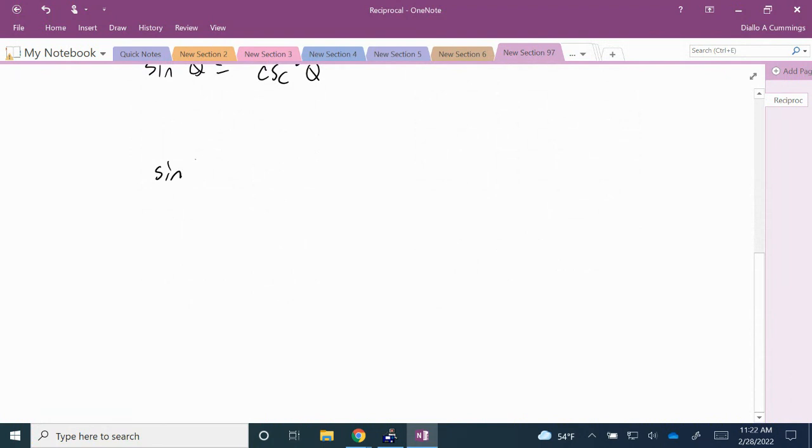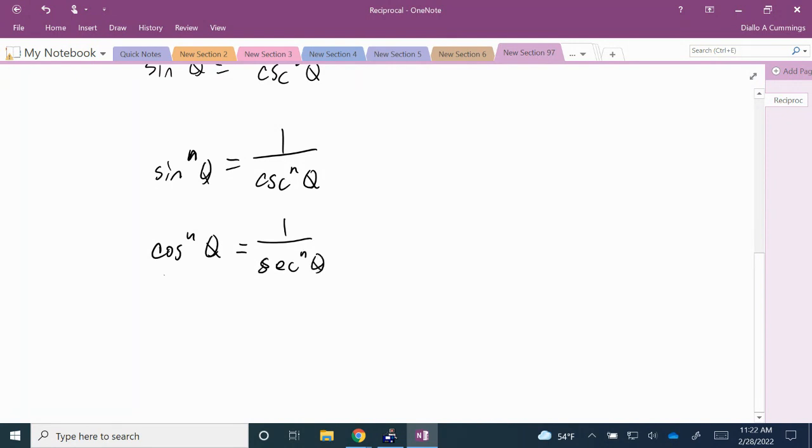So, for example, the sine, and I'm going to use the nth power, of theta is equal to 1 divided by cosecant to the nth power theta. I'm just going to write all these things out. Cosine to the nth power theta is 1 divided by secant to the nth power theta.